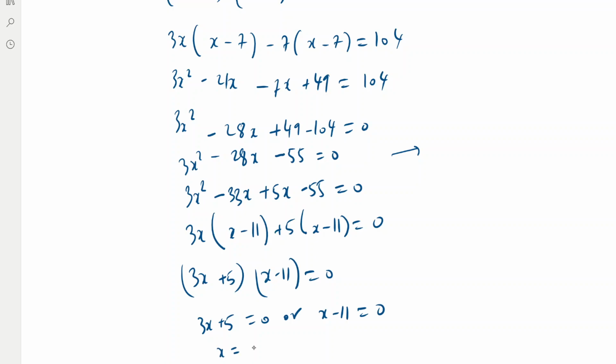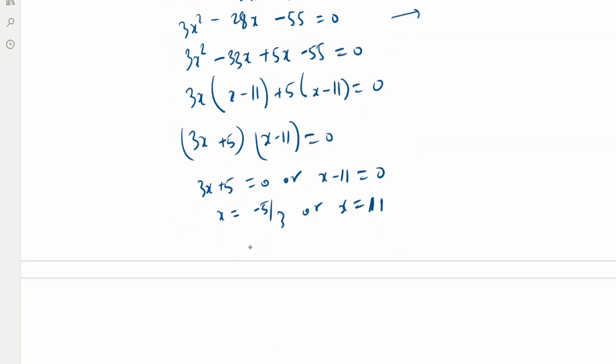From here you're getting x is negative 5 over 3, or x will be 11. So we know that the age cannot be a negative number, so the value of x will never be negative.